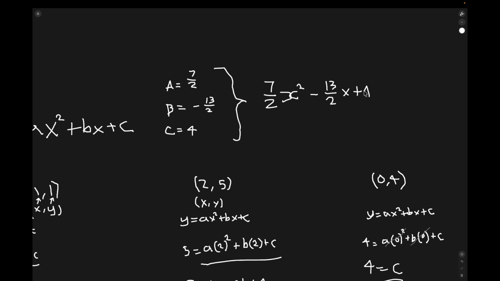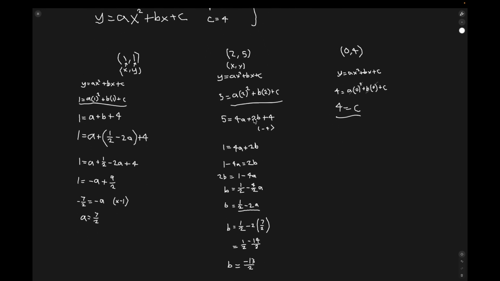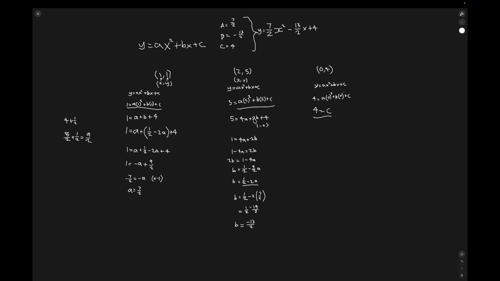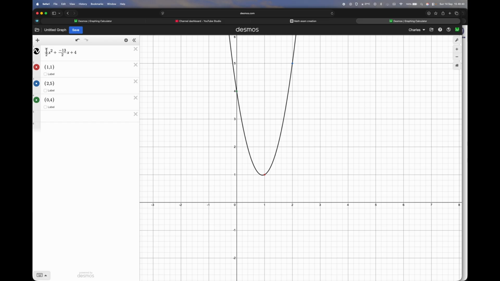So y is equal to that. There you go. That is how you do a parabola given 3 points. Let's check that in Desmos. 7 on 2x squared plus negative 13 on 2x plus 4. And that goes through that point, and that point.